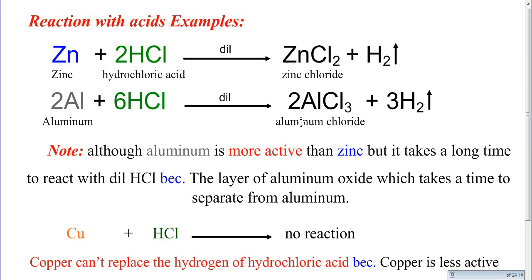But in this part we have a note that is very important. Aluminum precedes zinc in the chemical activity series, so aluminum is more active than zinc. But aluminum takes a longer time than zinc to replace hydrogen. Why? Because aluminum is covered with a layer of aluminum oxide, and this layer takes time to separate from the aluminum.